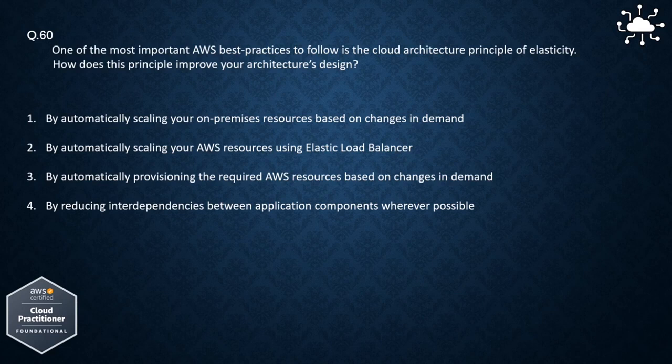By automatically provisioning the required AWS resources based on changes in demand. 4. By reducing interdependencies between application components wherever possible. The correct answer is by automatically provisioning the required AWS resources based on changes in demand.